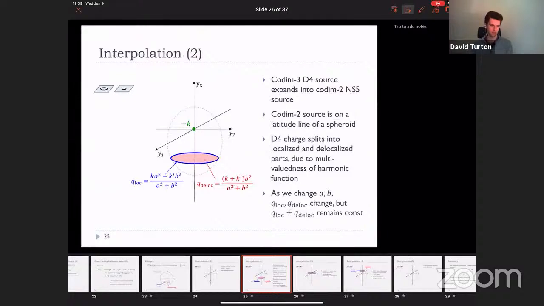So I'm just thinking about the numerator of this Q localized here. Is that a special case where something interesting happens, or is it just...? Okay, I'm not sure.